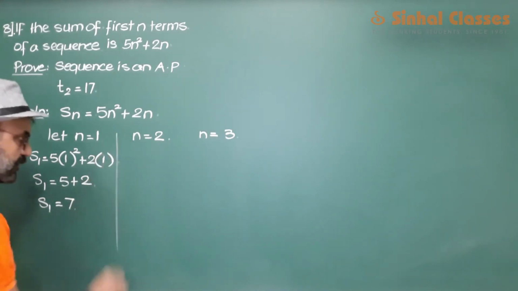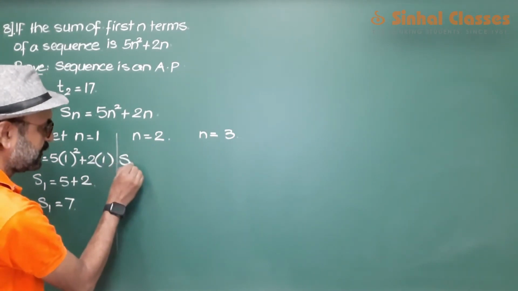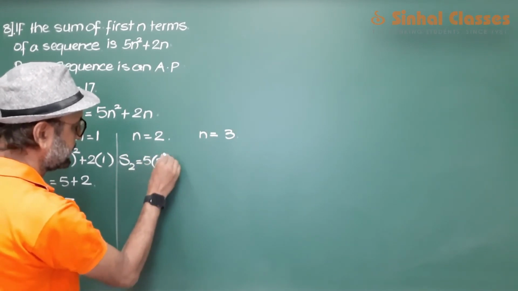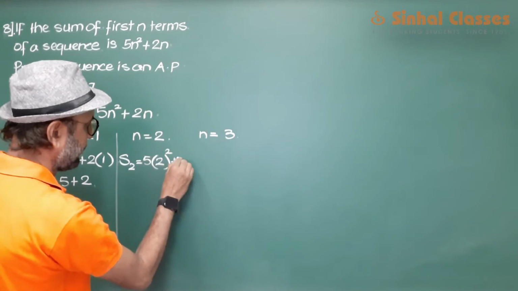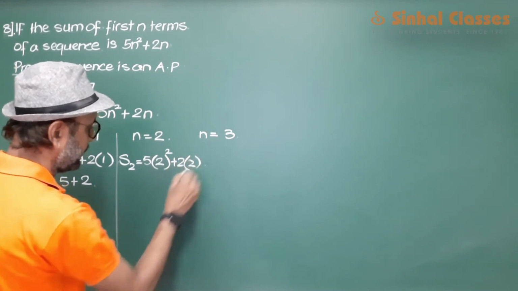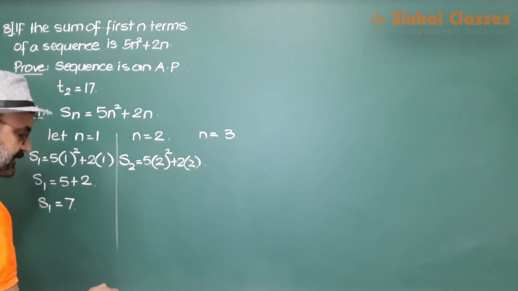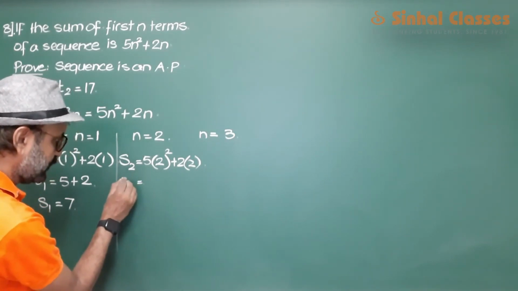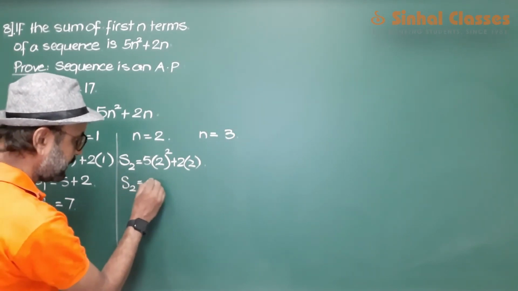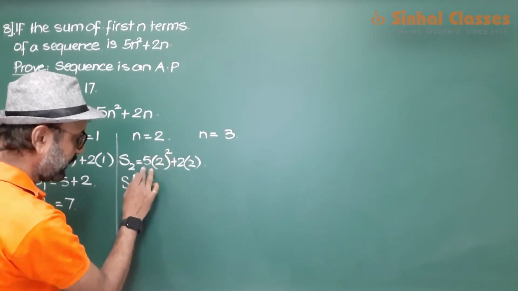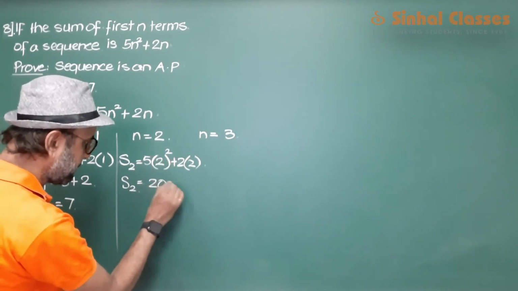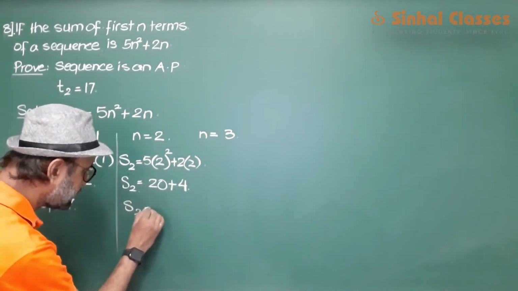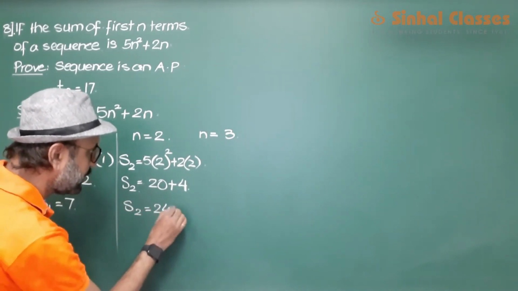Then we come to S2. 5 into 4, 20, plus 4. So S2 is 24.